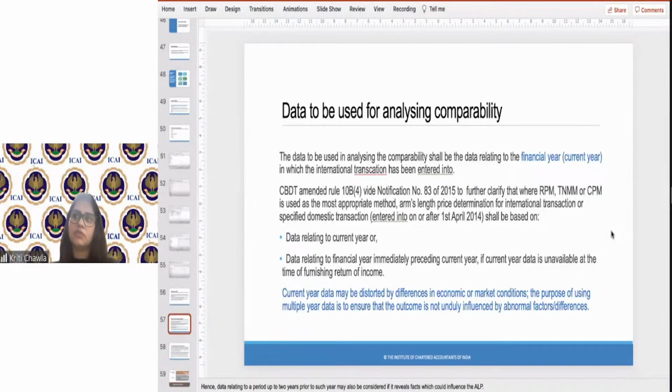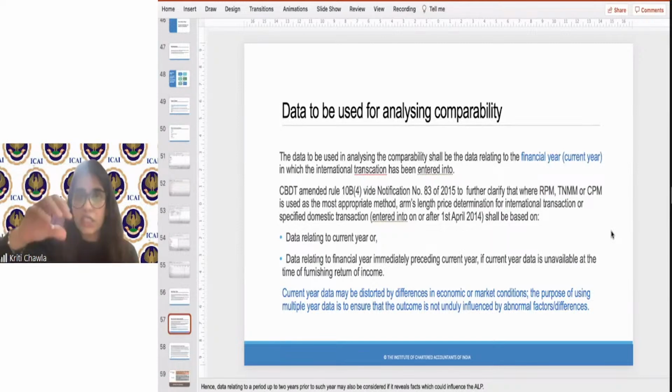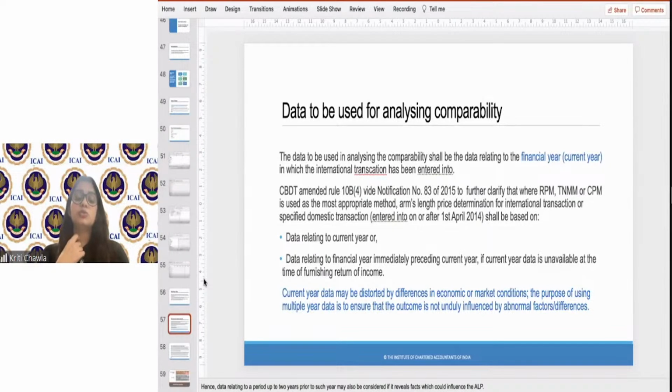And then you'll have to average it out and see what exactly the profit percentage is. So if you're using multiple year data, you'll have to average it out accordingly. So this is the data which is to be used in analyzing comparability.